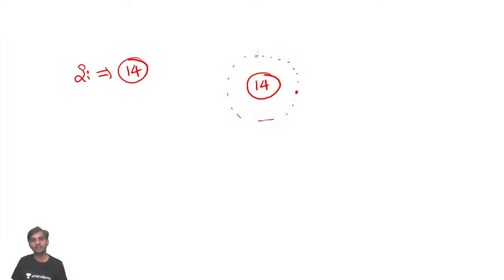Let's consider silicon. What is the atomic number of silicon? 14. That means you originally have 14 electrons, and at the nucleus you have 14 protons and 14 neutrons.